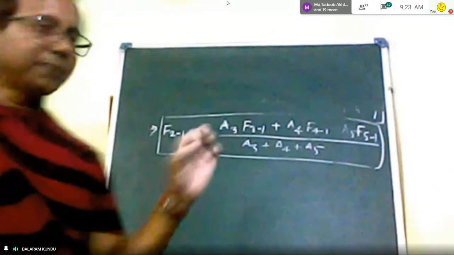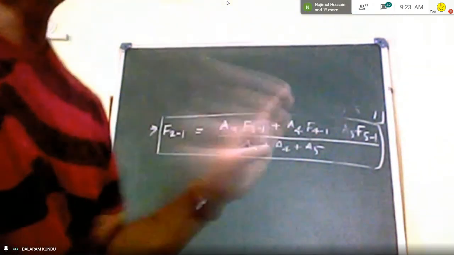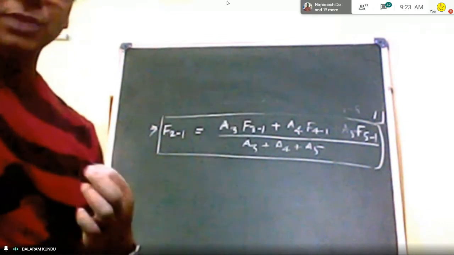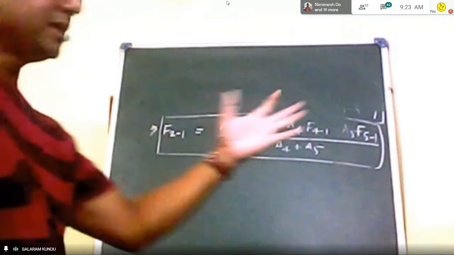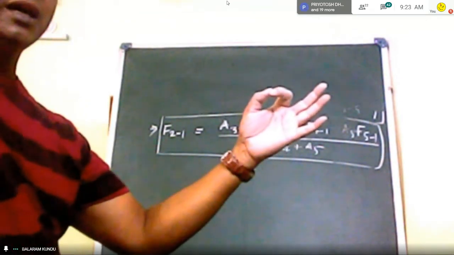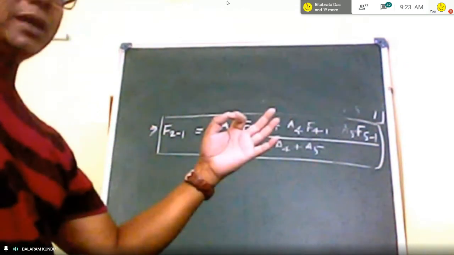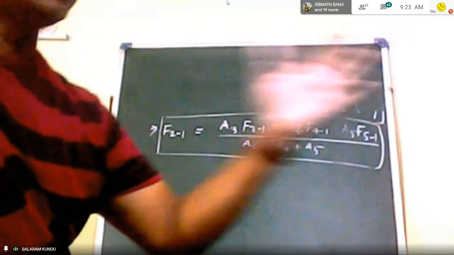You know the shape factors f of 1 1, 1 2, 1 3 up to f of 1n, and 2 1, 2 2 up to f of 2n, like this.